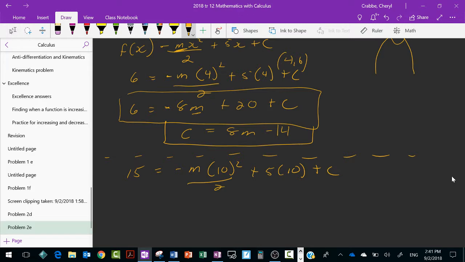This is going to give me 15 equals negative 50m plus 50 plus c. Again, I'll put this in terms of c because it's easiest. c is equal to 50m minus 35, because I've got to bring the 15 over.